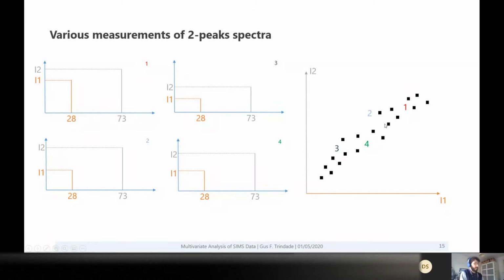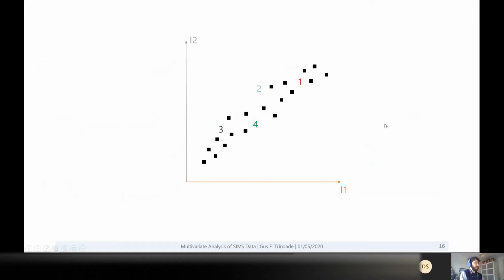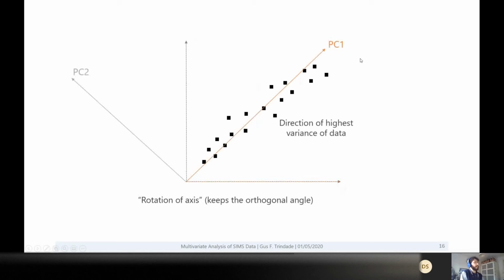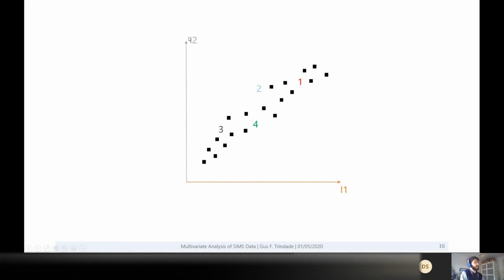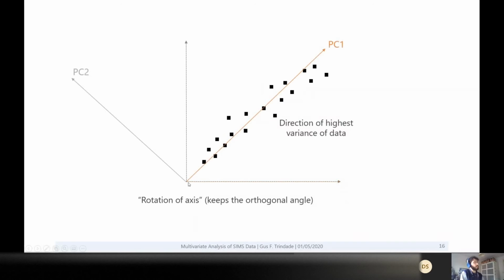So if you do many more measurements, you may end up with a line here showing this correlation between these two peaks. So what PCA does is simply find the direction of what we call the highest variance. So in which direction the data is changing the most, in simple terms. And then it just rotates the axes that we set with I1 and I2, so that principal component number 1 will point in this direction.